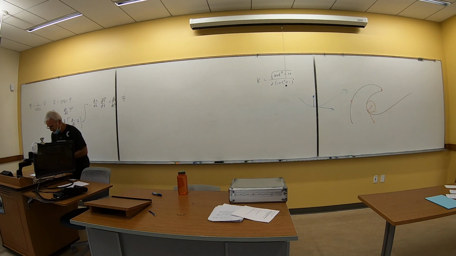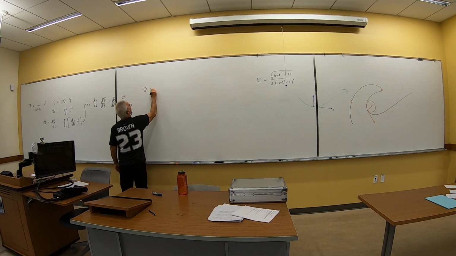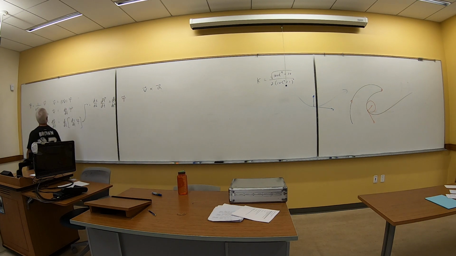So now that I have that, I want to do something totally wacky. I now want to do V cross A. But I want to use this version of V, and I want to use this version of A. You with me? Because I know this is an alternate way of writing the velocity vector. Nobody would ever start with the unit tangent and then come up with the velocity. It's the other way around. But we know this is the relationship between them.